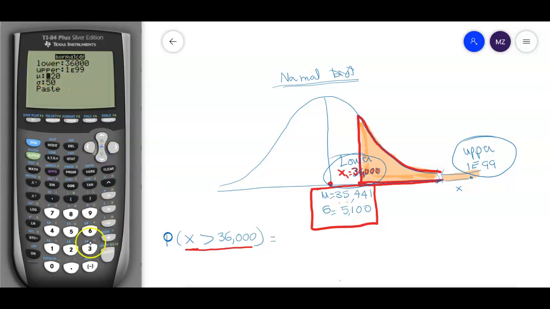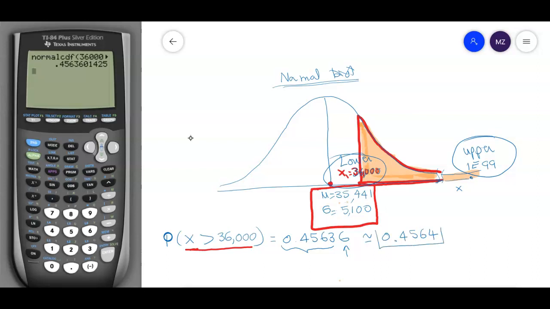We're going to put the mean, which is 35441, and then the standard deviation, which is 5100, and enter. Paste it, enter, and that's the probability you're looking for. The probability is 0.45636. We need just 4 digits, so when you round this, it's going to be 0.4564. Hopefully this will be your answer.